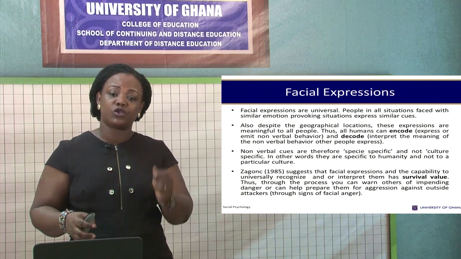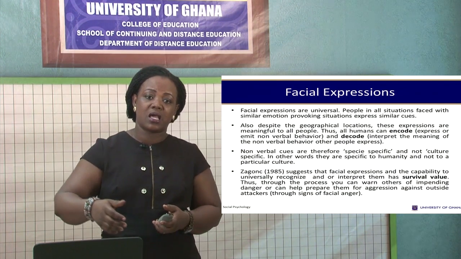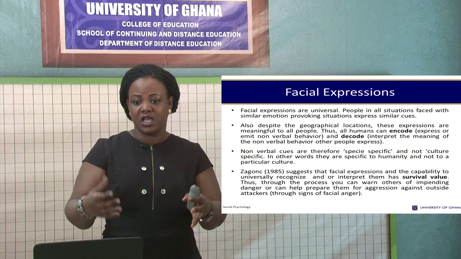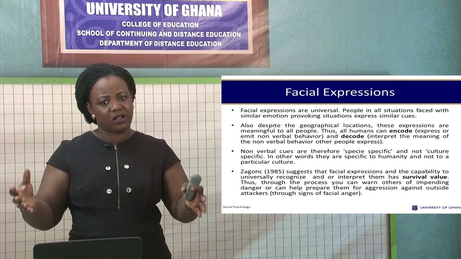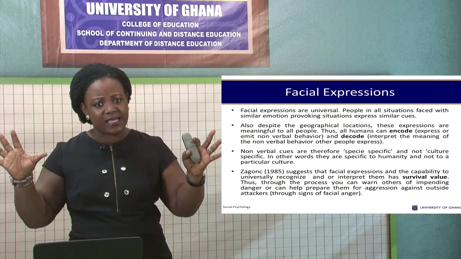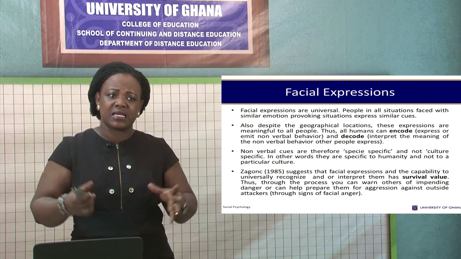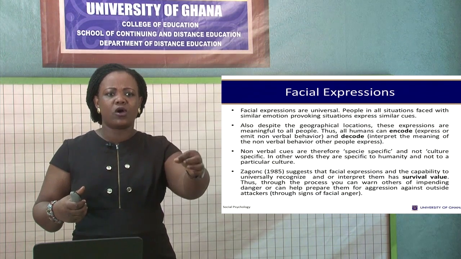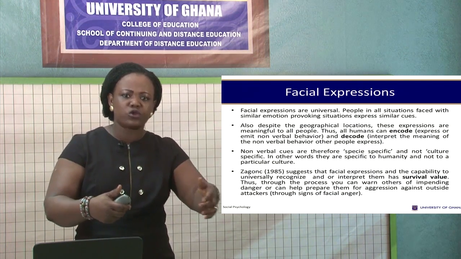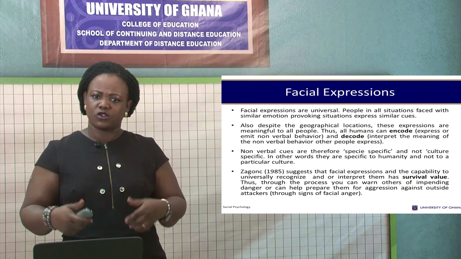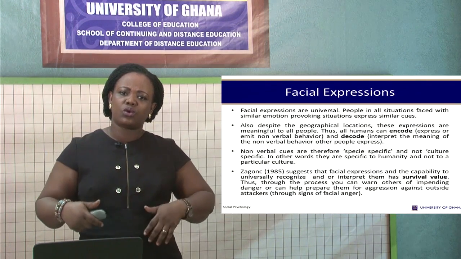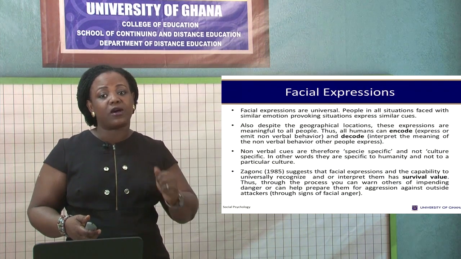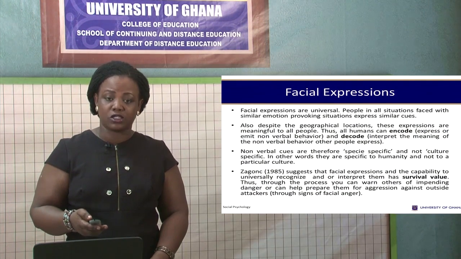But most importantly, to decode facial expressions would inure to your benefit, so that if somebody is angry, if you see a crocodile, for instance, with the teeth bared out, if you see a snake that is hissing, you see another human being showing an expression of anger, it tells you that this is danger. You know to stay away so that you survive. So in that sense, your ability to encode, but especially to decode facial expressions, is very important for your survival as a human being.